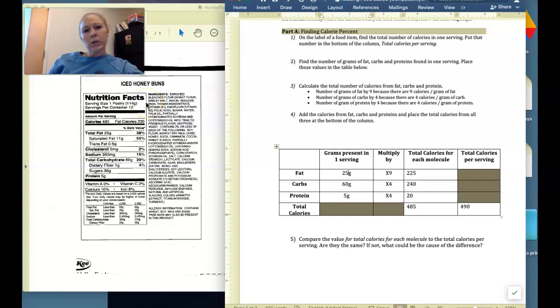If you look quickly at your label and see 25 grams of fat, that's not for the entire container. That's 25 grams per serving, so 50 grams for the entire container. It's important to look at the serving size and the servings per container.